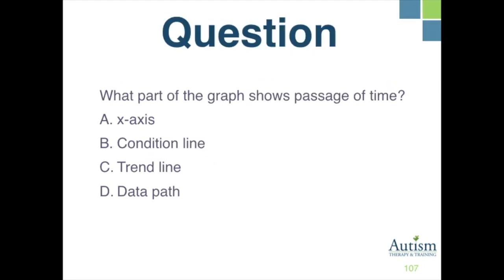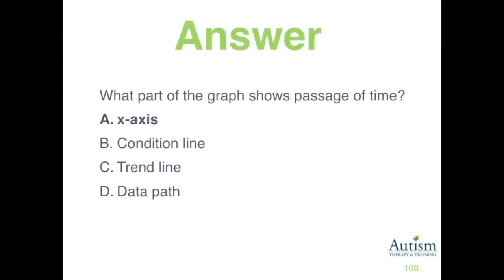What part of the graph shows passage of time? A, x-axis, B, condition line, C, trend line, or D, data path? And the correct response is A, x-axis. Fantastic.